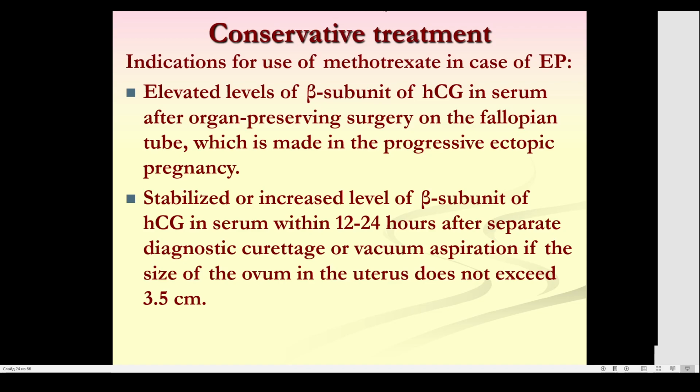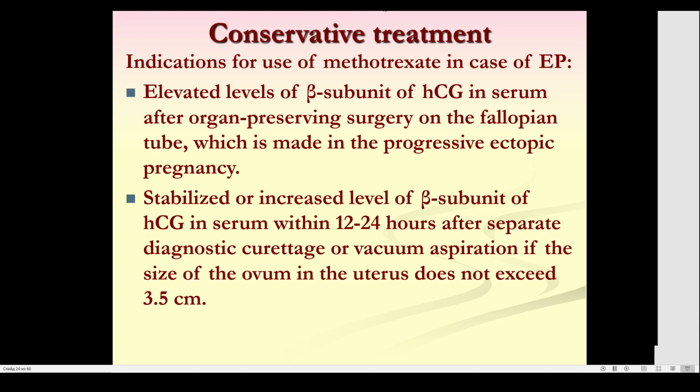But sometimes, in case of tubal ectopic pregnancy, we can use conservative treatment. I want to draw your attention that we use it only in case of progressive ectopic pregnancy. If rupture of the fallopian tubes or tubal abortion is present, in this situation we don't use conservative treatment.